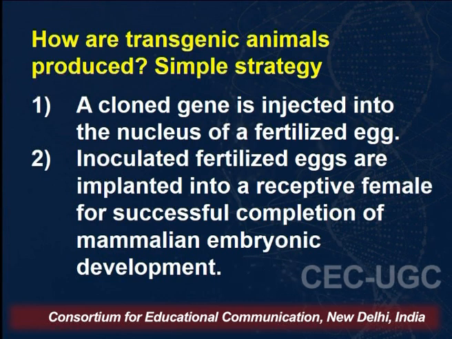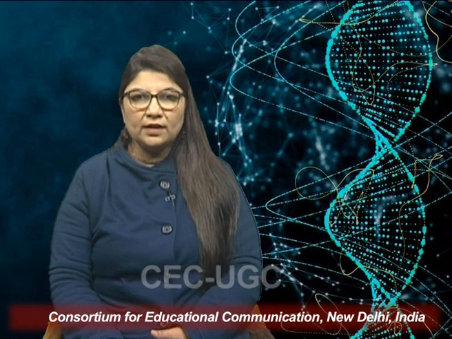They can be screened first to see which cells have the gene of interest, and then stably maintained. So, a very simple strategy to start with for creating a transgenic animal is to identify and isolate our gene of interest, clone it into a suitable vector, and introduce it into a suitable host.